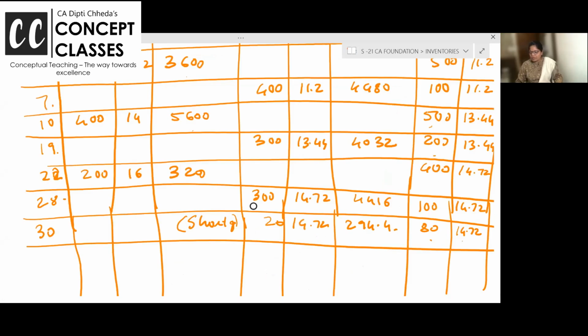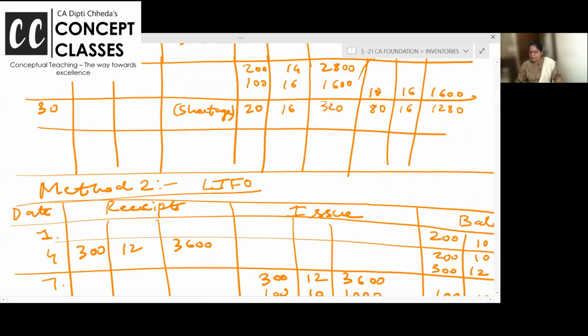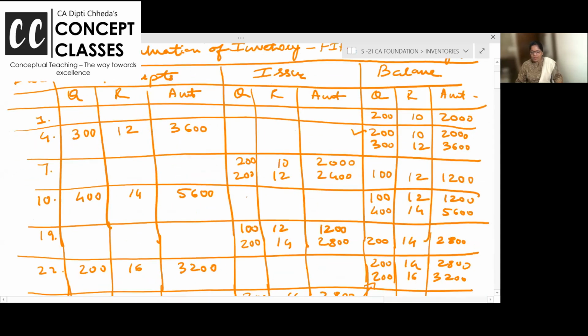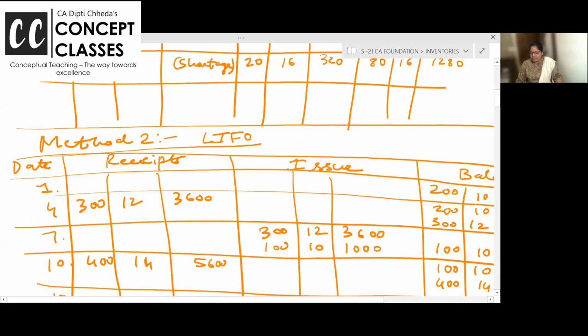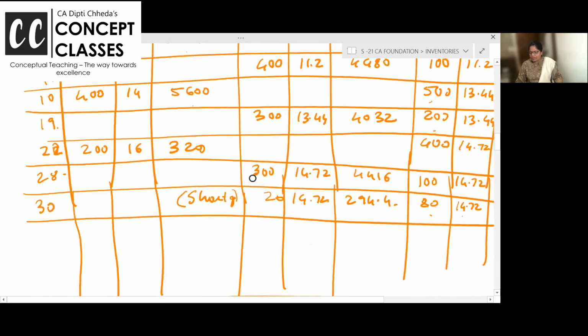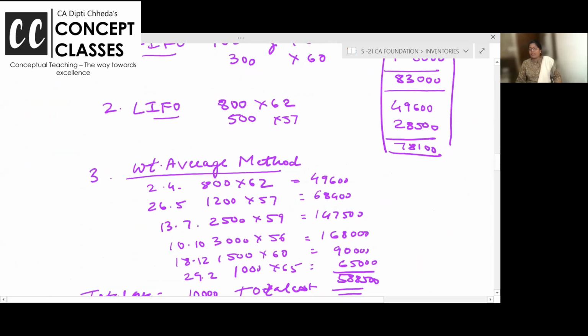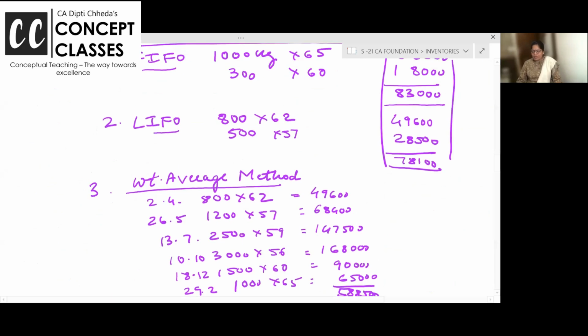I have given a lot of booster notes. If time permits, I'll surely send you the screenshots also for the booster notes so that you can write them and complete them. Look at the screen. Valuation of inventory we have done by all the three methods. If issues are not there, then you can value it like this.